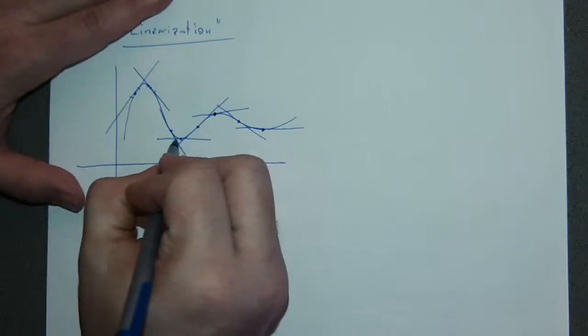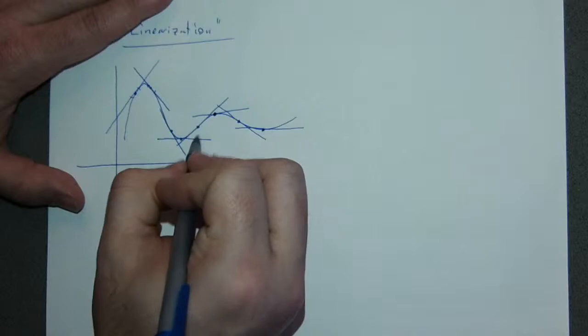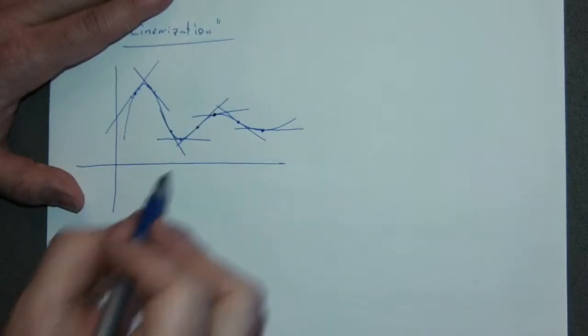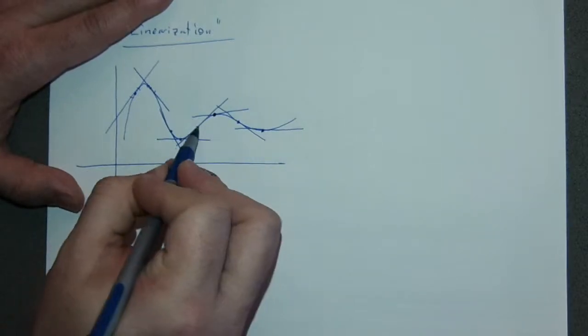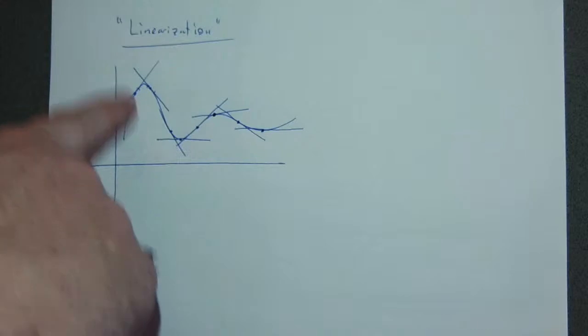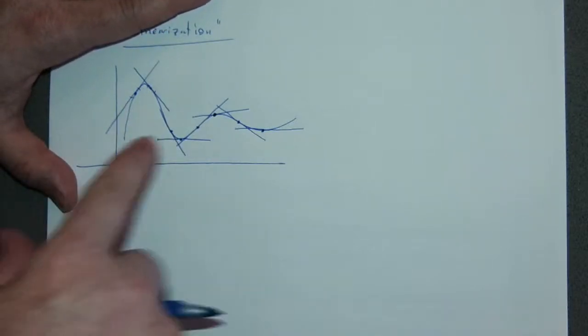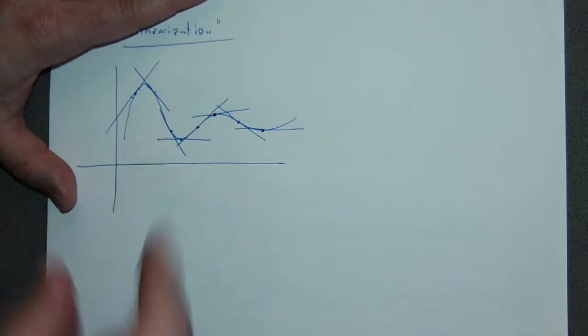Of course, by the time you've moved out here, this tangent line is now no longer close to the graph, right? But as long as you stay near these points and you consider the tangent lines that are tangent at those points, each tangent line is associated to some point here. If you stay near the point it's associated to, the values on the tangent line are very close to the values of the function.